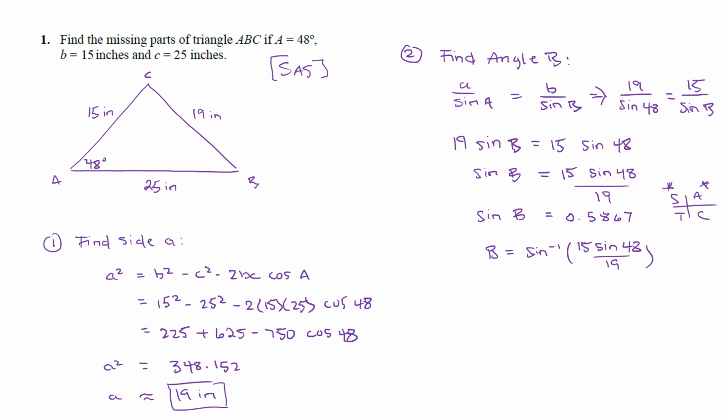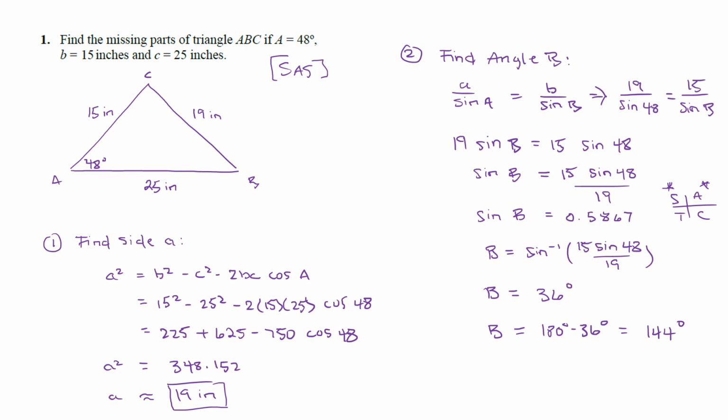I don't want a rounded value so that I can get as accurate as possible. And when I enter this in my calculator, rounded to the nearest degree, I will get 36 degrees. Now 36 degrees is in quadrant 1, so that will be my reference angle. So to find the other angle in quadrant 2, I will have to subtract 36 degrees from 180 degrees, which will get me 144 degrees.